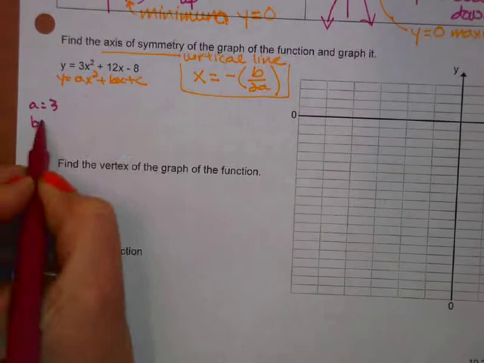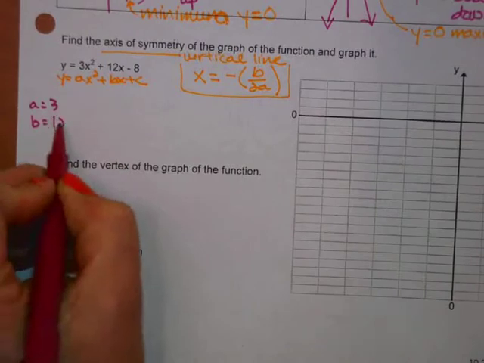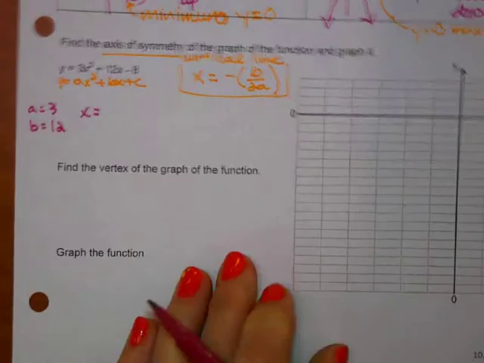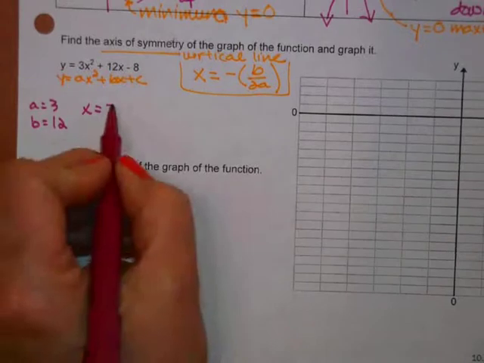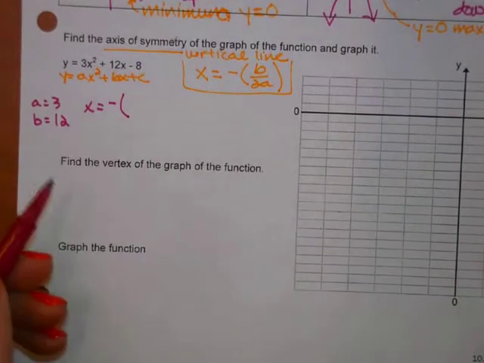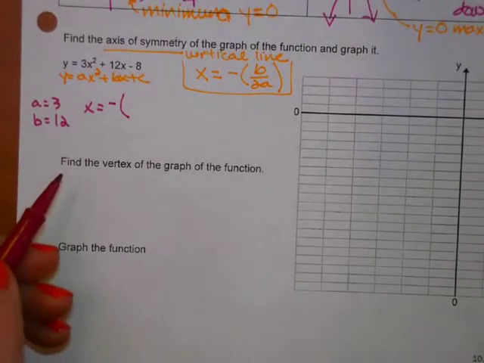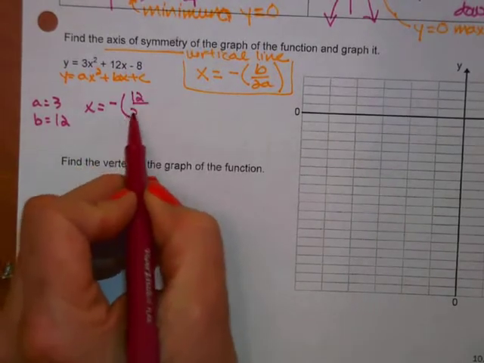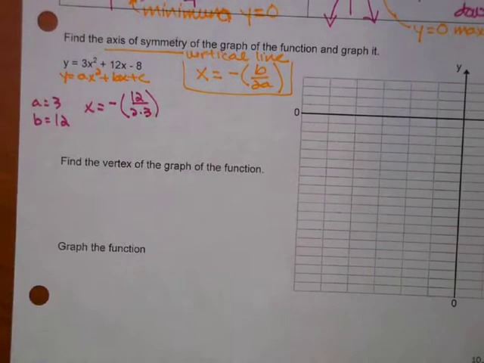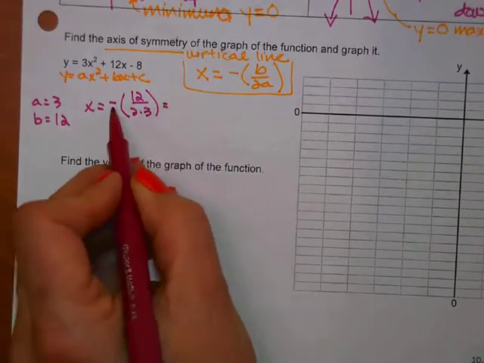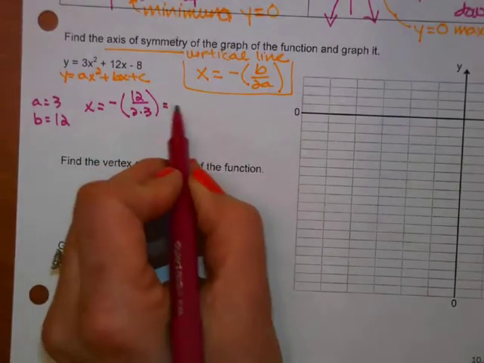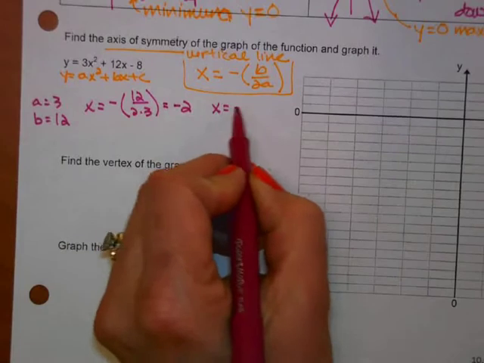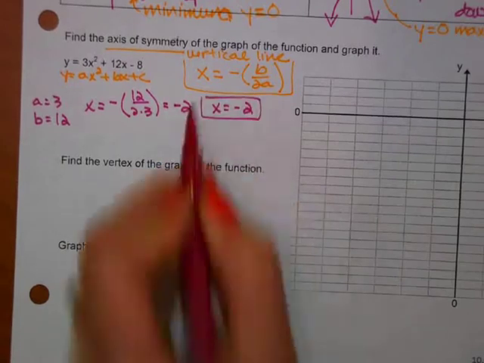And what's b here? 12. I'm going to plug it into the equation to get the axis of symmetry. So it's negative 12 over 2 times 3. What's 12 divided by 6? 2. But there's a negative out front, so it's negative 2. So our axis of symmetry is x equals negative 2.